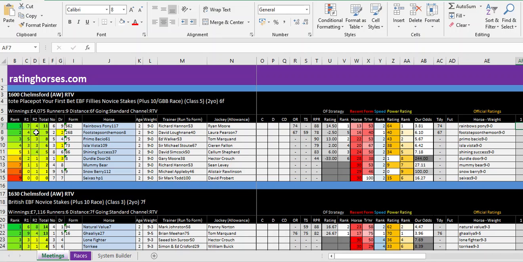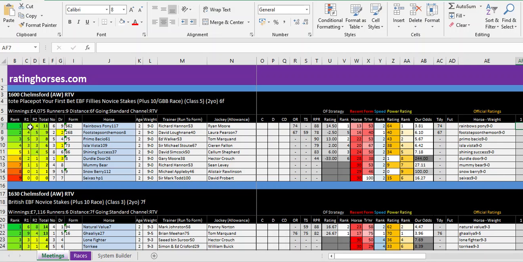There is literally a million and one different criteria that makes up the individual R1 and the R2 ratings. The total score is simple. It's basically the R1 and R2 added together.